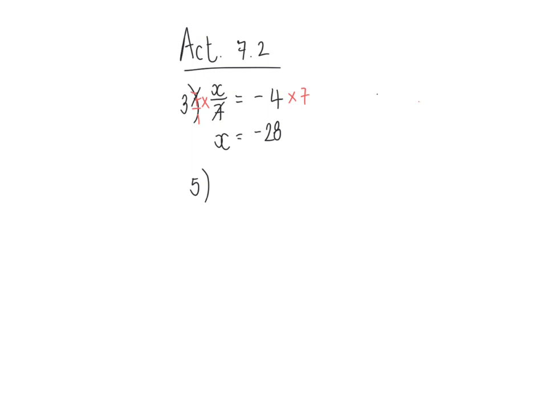Question 5: Toby works at a computer shop during the school holidays. He gets paid 50 rand per hour. At the end of a day, he receives 400 rand. How many hours did he work? So he gets paid 50 rand per hour, and they want to know how many hours he worked.